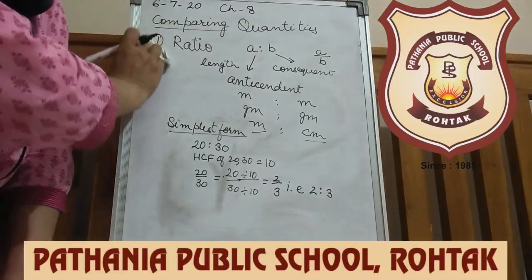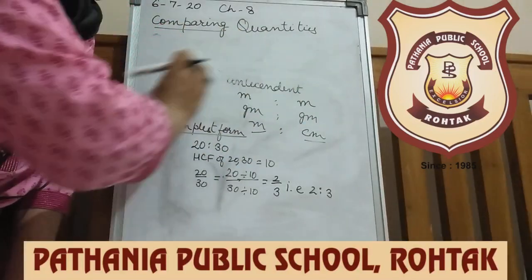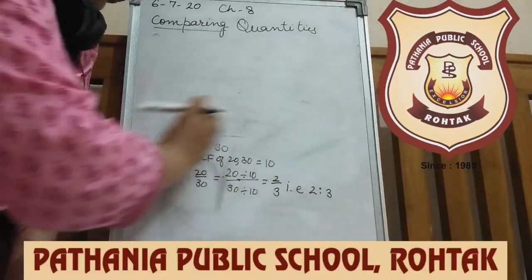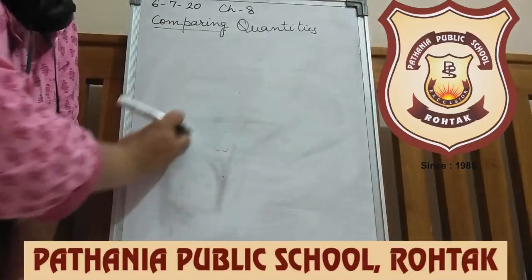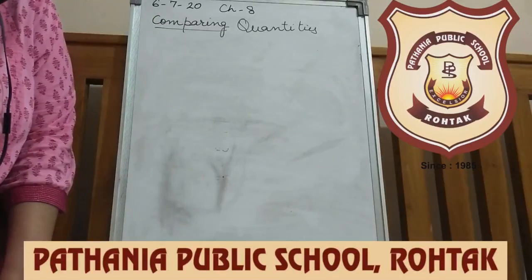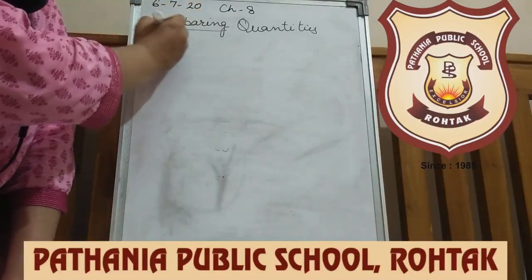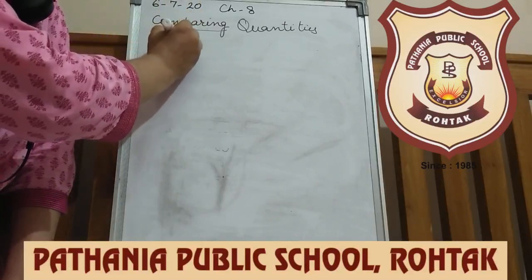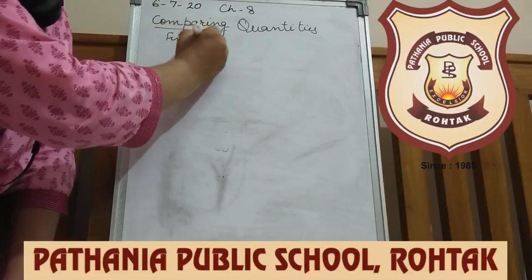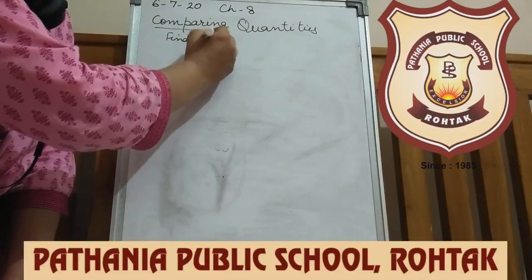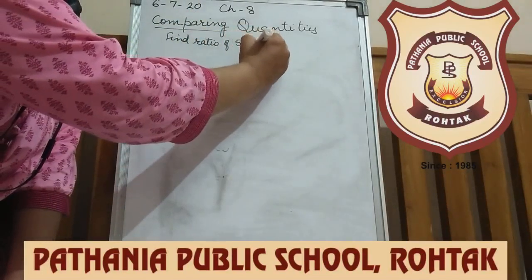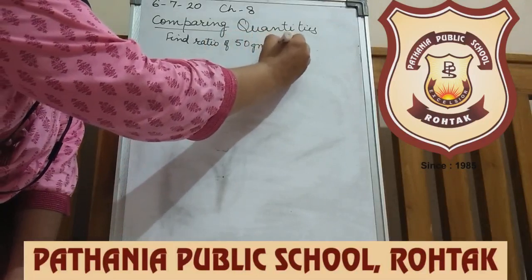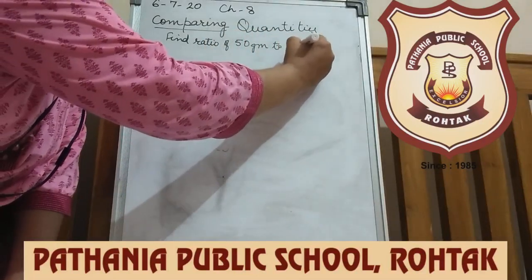And then, how to find the ratio. If I give you, find the ratio of 50 gram to 5 milligram.